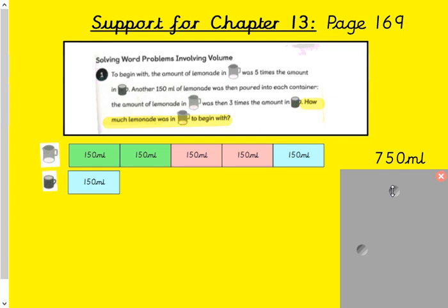So how much lemonade was in the jug to begin with? Your answer would be 750 millilitres, with, of course, 150 millilitres in the cup to start with.